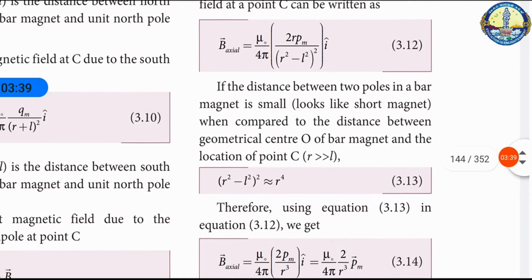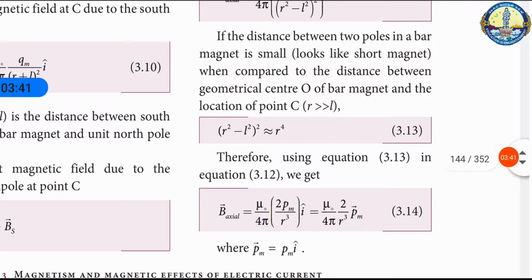If the distance between the two poles in a bar magnet is small, so that it looks like a very short magnet compared to the distance between the geometrical center O of the bar magnet and the location of point C, then r is very much greater than L. So (r square minus L square) whole square can be considered as r power 4.